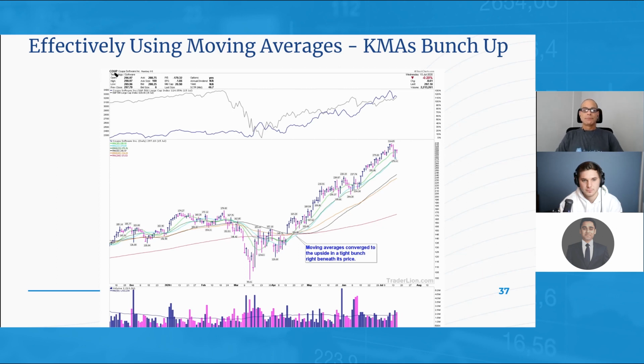a zoomed in view on another stock that was showing RS. We see RS while the market is in a correction, the relative strength line, which is the blue line, rises. We see the stock trying to buck the trend.